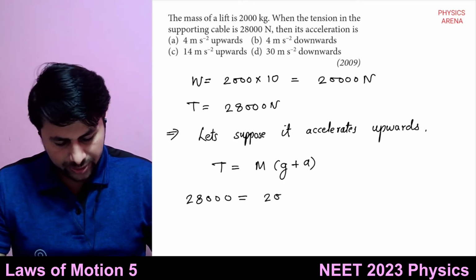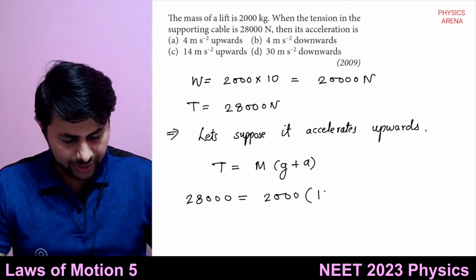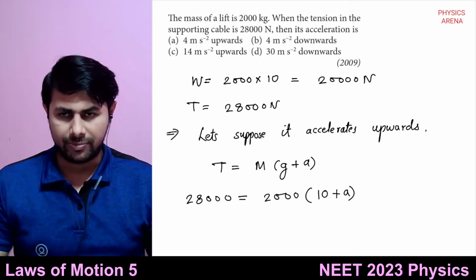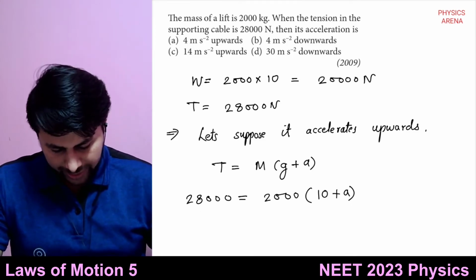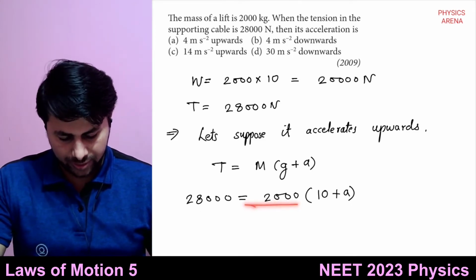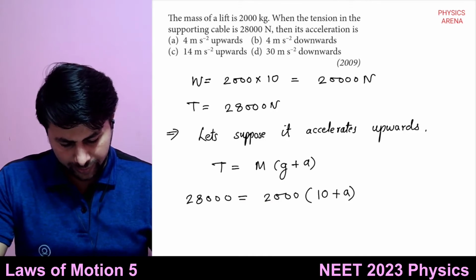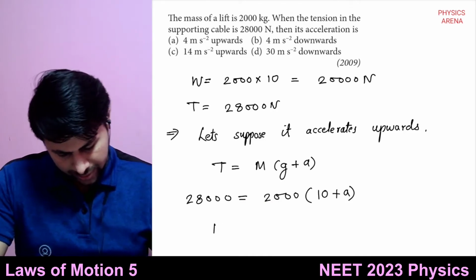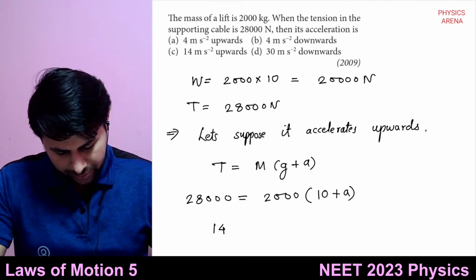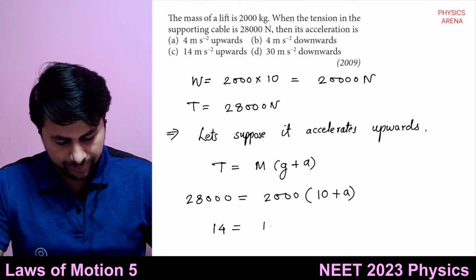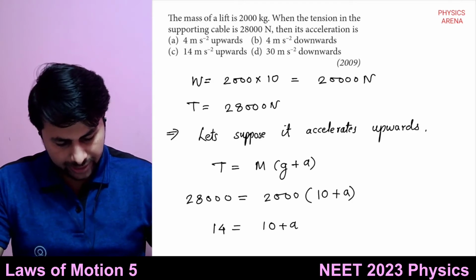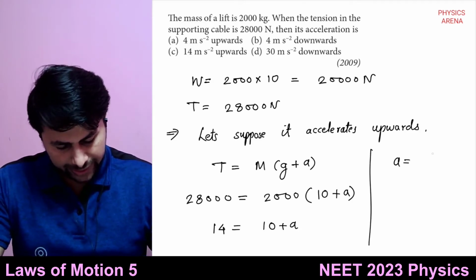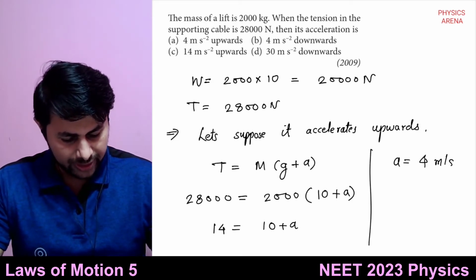M is 2000, g is 10, plus a is something we have to find out. So 28,000 divided by 2000 will give us 14. It's equal to 10 plus a. That means a is equal to 4 meters per second squared.